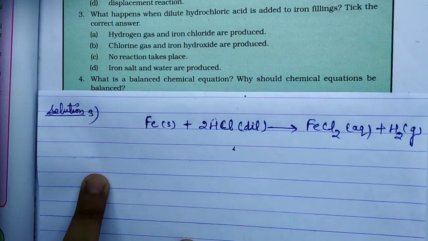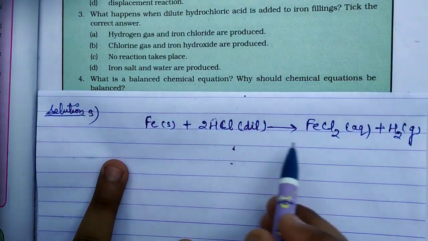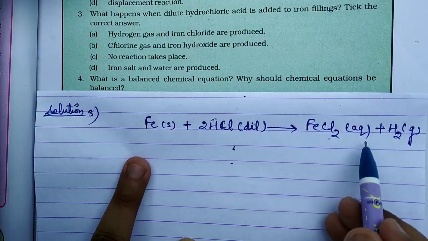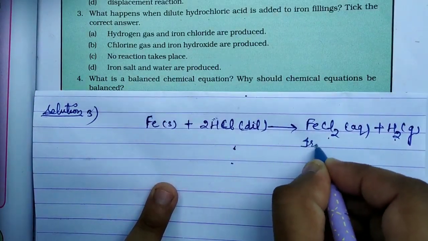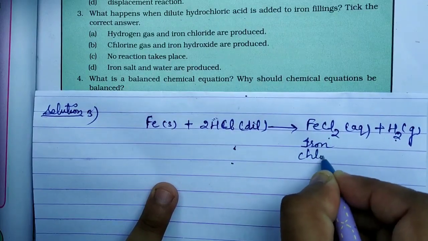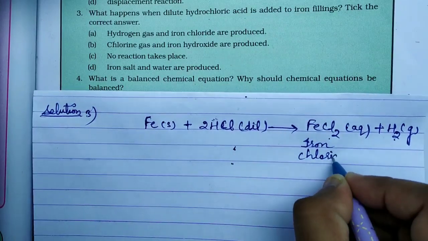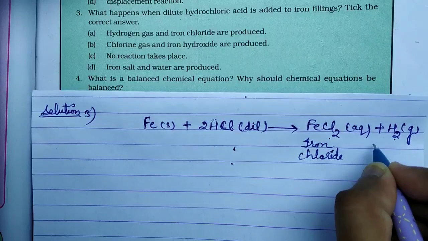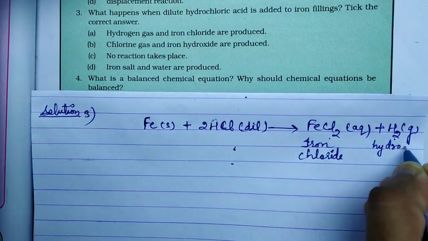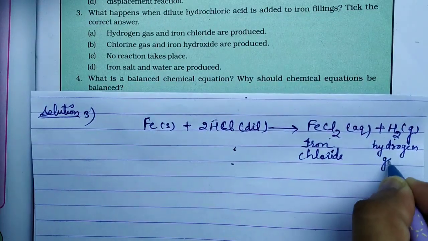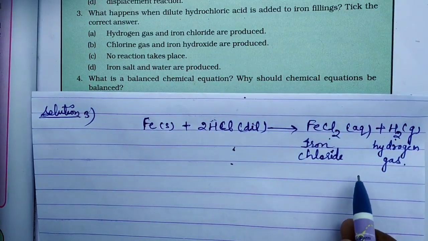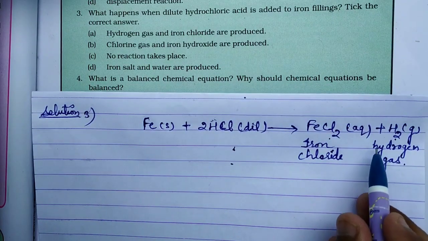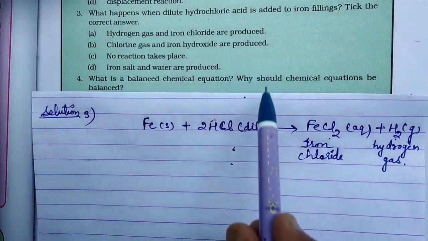So iron chloride and hydrogen gas. This is iron chloride, and this is hydrogen gas. So iron chloride and hydrogen gas are produced according to the reaction.